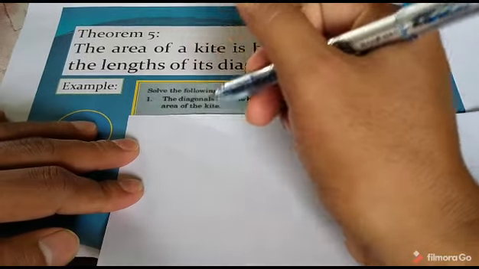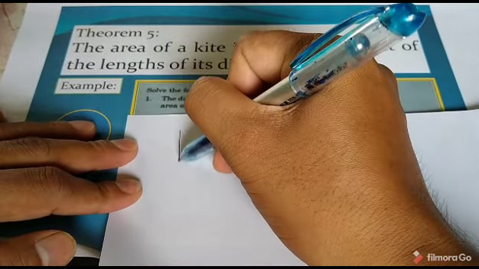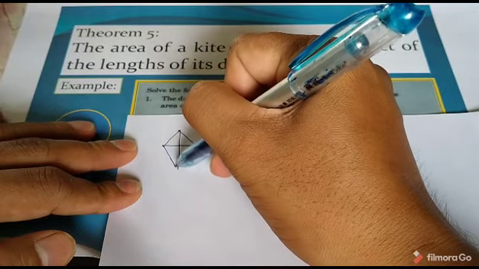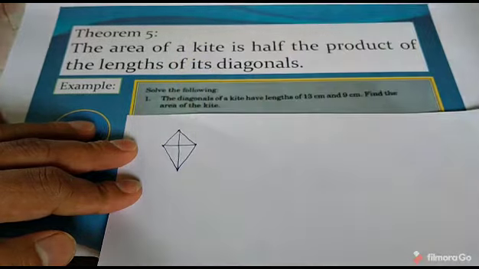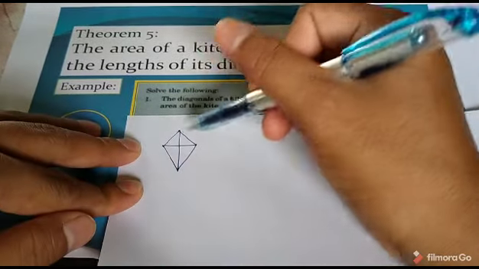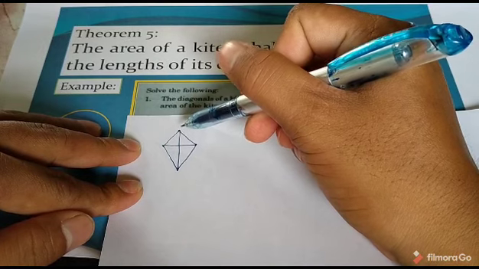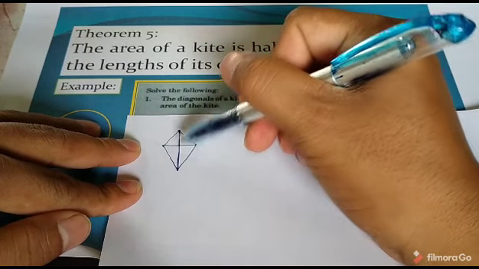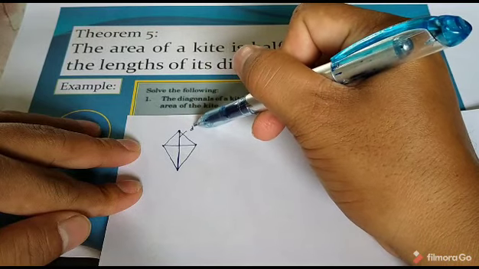So if you're going to illustrate, the kite would be this way. It's perfect. Alright. So in this case, as we agreed, the longer in length will be considered as our diagonal 2.